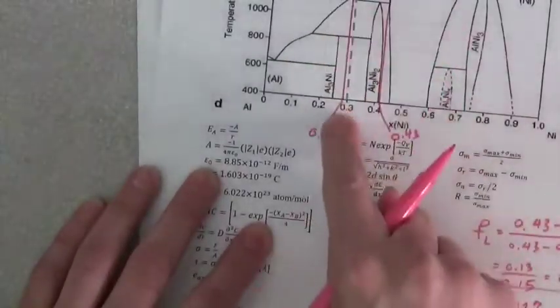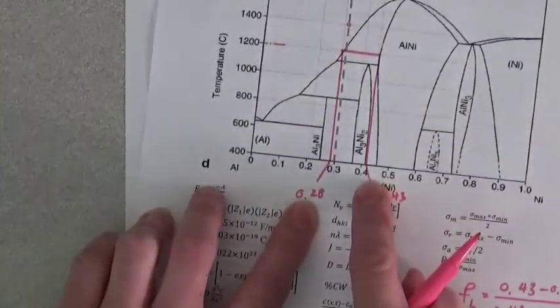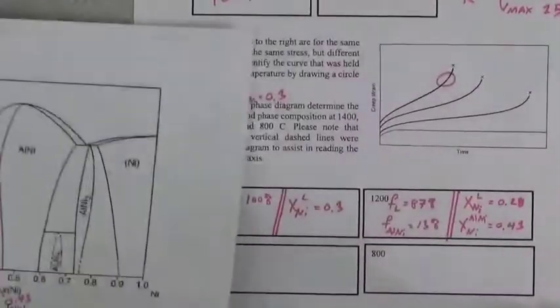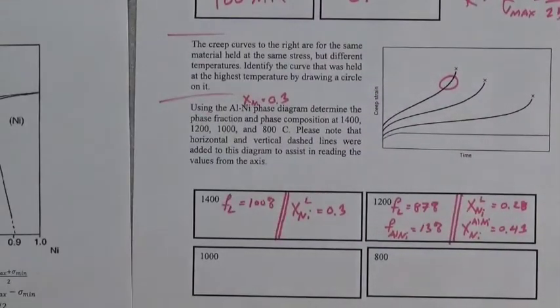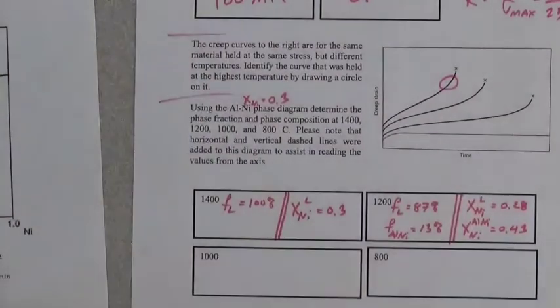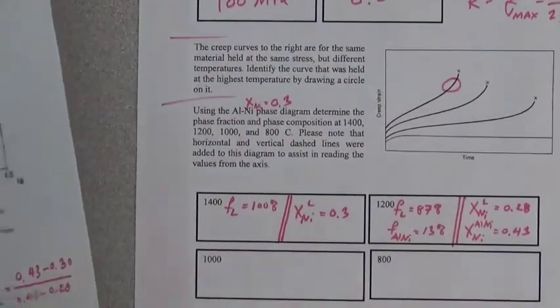That's from reading where the verticals intercept the x-axis. I'm going to change colors here in order to distinguish them. Next we go to 1000.